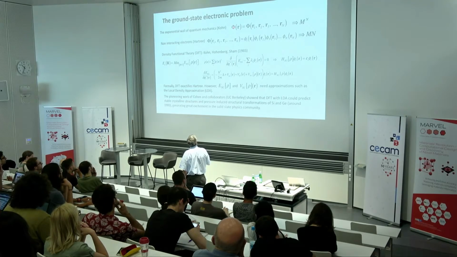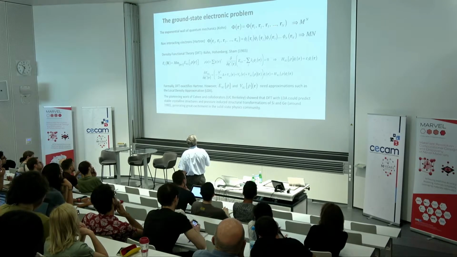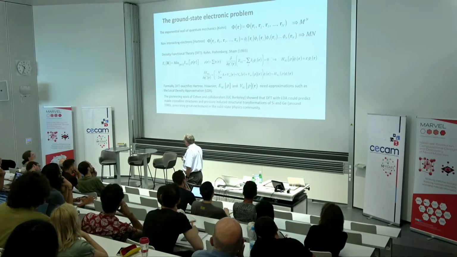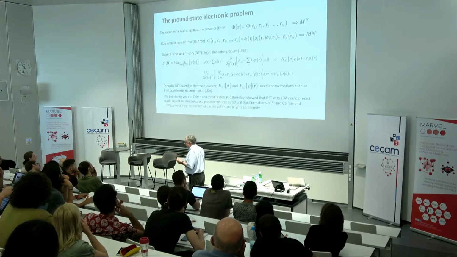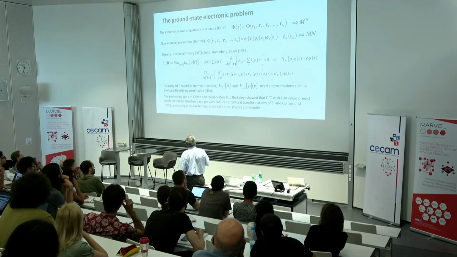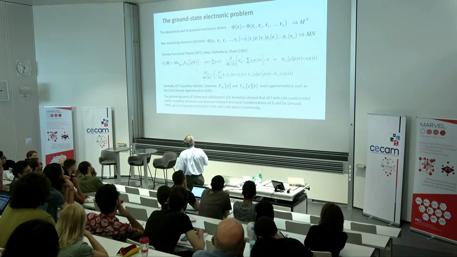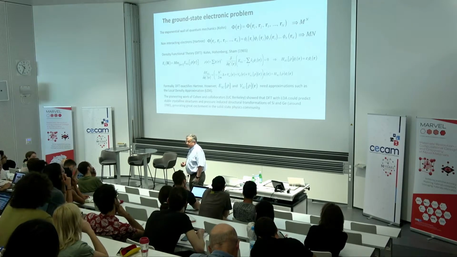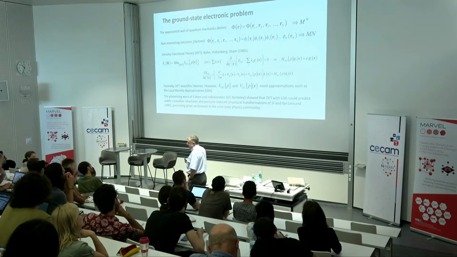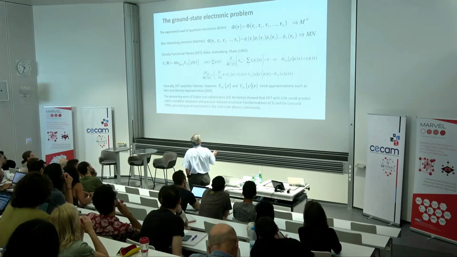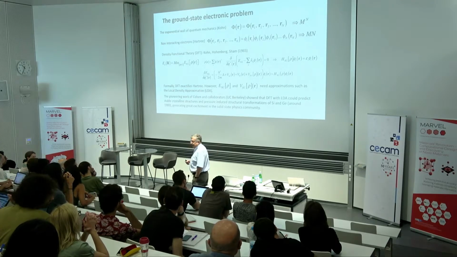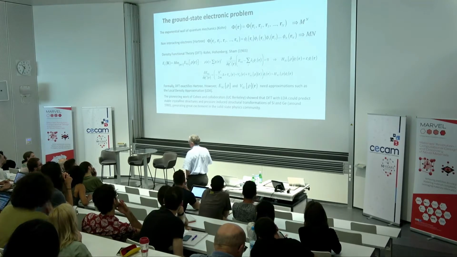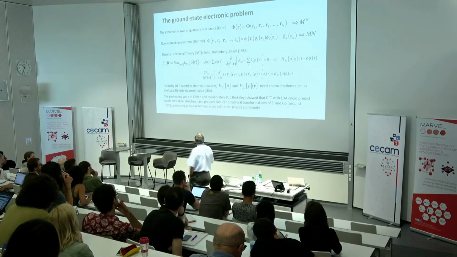Our electronic wave function is a many-body electronic wave function, and apart from the problem of calculating it, even the problem of representing it, storing the data that describe this wave function, has an exponential complexity, because if we represent each coordinate on a grid containing m points, the total number of data that we need to store grows exponentially with the number of electrons in the system.